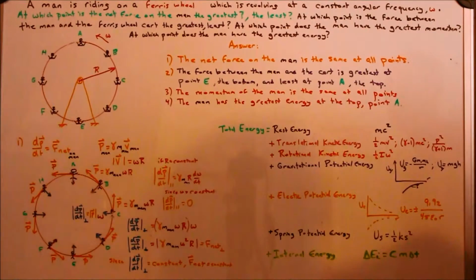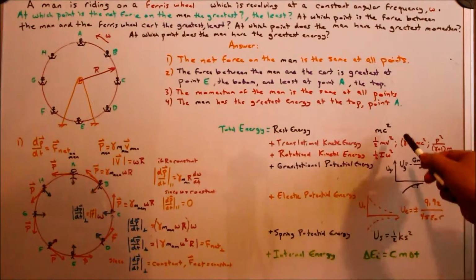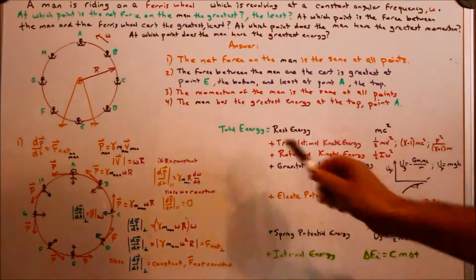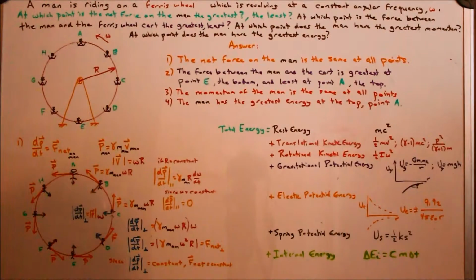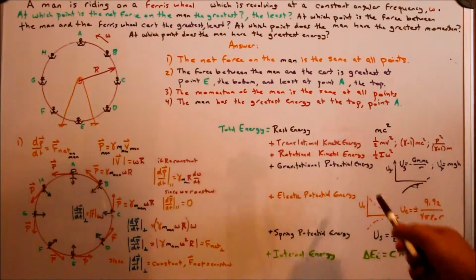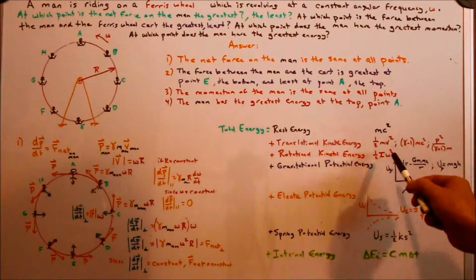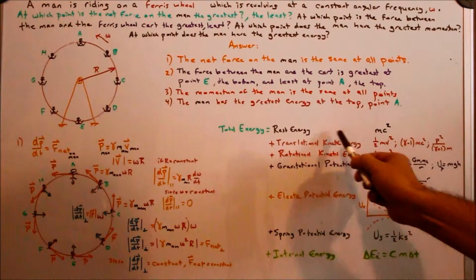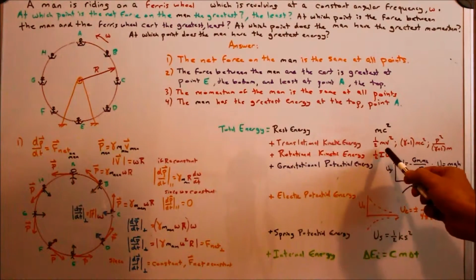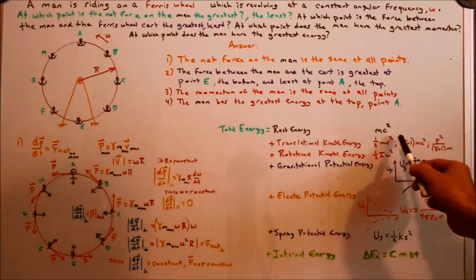With regard to the total energy of the man at any point, energy has many forms. Rest energy, mc squared. Assume the mass of the man is the same at all points, so that's the same. The sum of rest energy and translational kinetic energy is gamma mc squared. Or translational kinetic energy on the Earth is 1/2 mv squared.